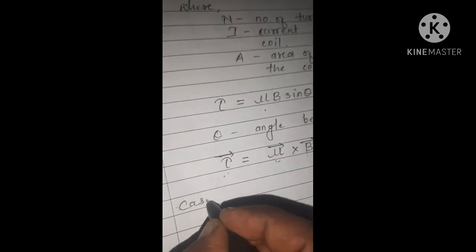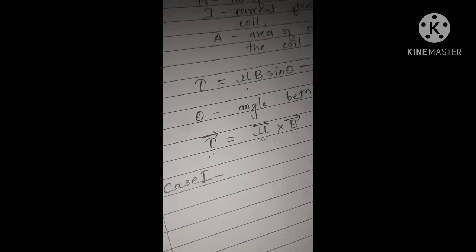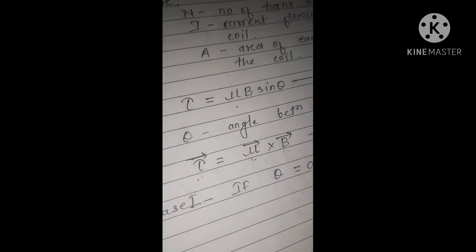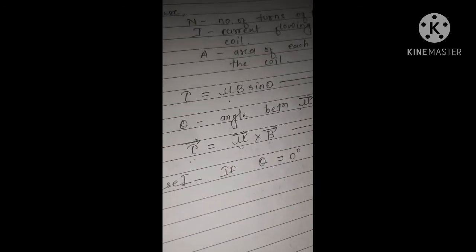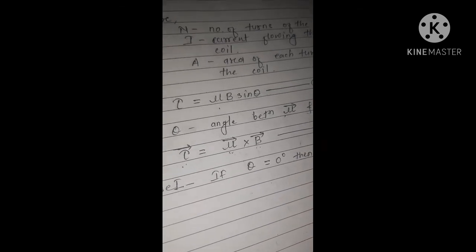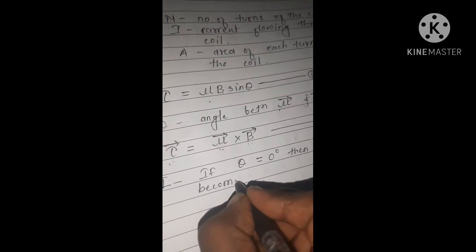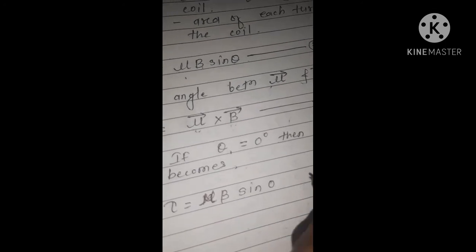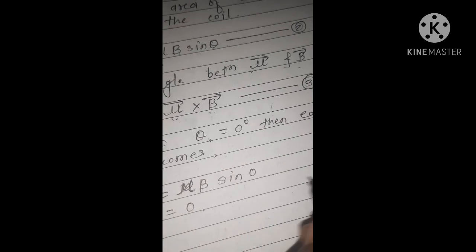We will see two cases. Case 1. If theta between vector mu and vector B is 0 degree, the angle between vector mu and vector B is 0 degree, then equation 2 becomes, keep the value of theta in equation 2, so tau is equal to mu B sine 0, and tau is equal to 0, since sine 0 is always 0.